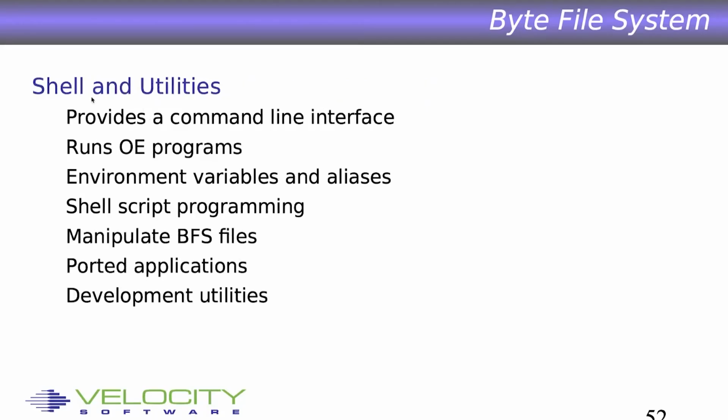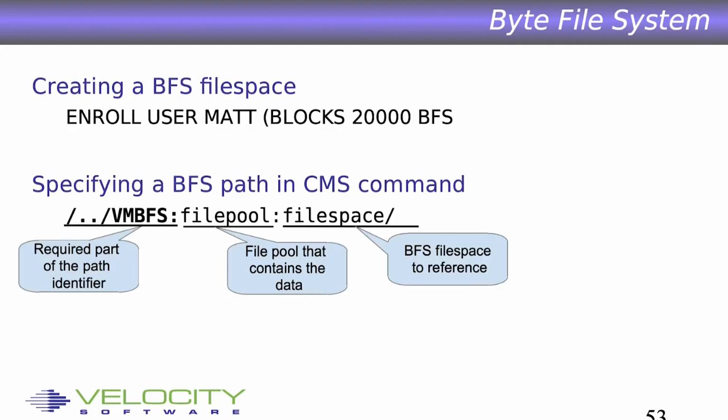The shell and utilities component provides a command line interface to run Open Edition programs, environment variables and aliases, shell script programming, manipulating BFS files, and there's a few ported applications that are quite long in the tooth by now, and some development utilities.